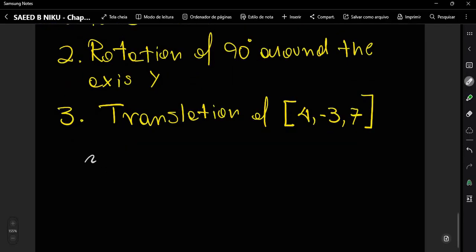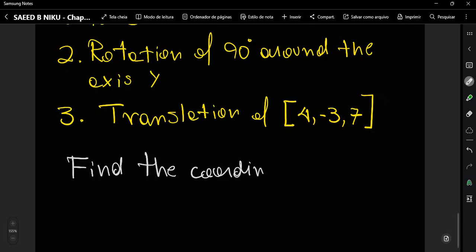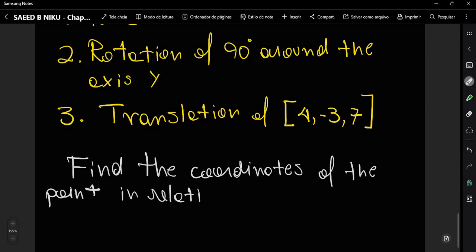And this example asks us to find the coordinates of the point in relation to the reference system.